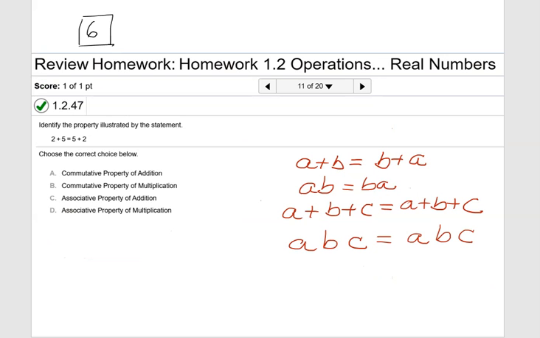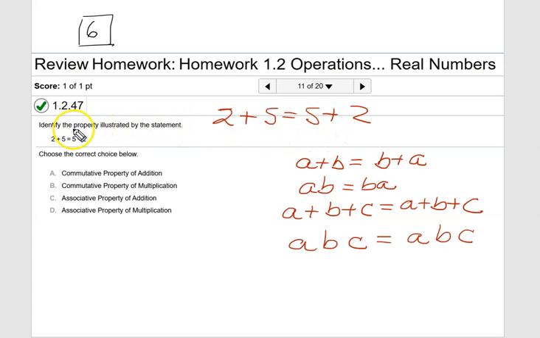Now, the purpose of this review is to give you extra practice and acquaint you with vocabulary and protocol. And as we look at number 6 here, we're given the example, and write this down. 2 plus 5 equals 5 plus 2.